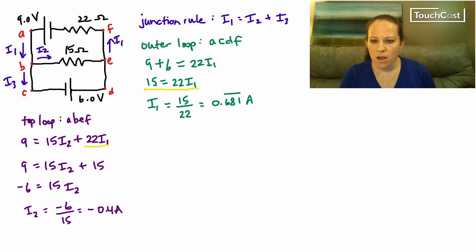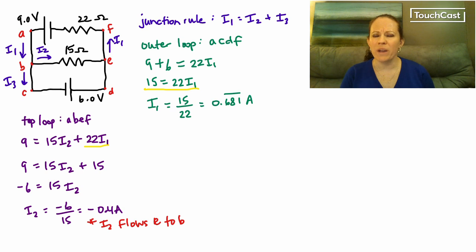So instead of current flowing from B to E, my current I2 must actually be flowing E to B. I almost wrote the original direction there.